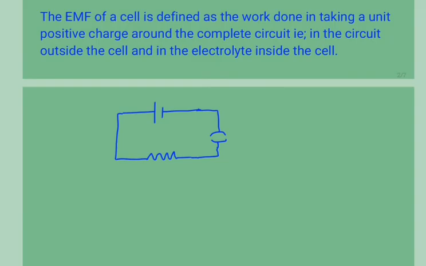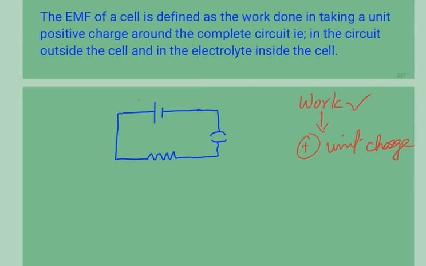In order to define EMF in terms of work done, let us suppose that we have a unit positive charge. Because when we defined the potential, it was also defined in terms of work done by a unit positive charge. So similarly, in order to define EMF also, we have to take a unit positive charge.